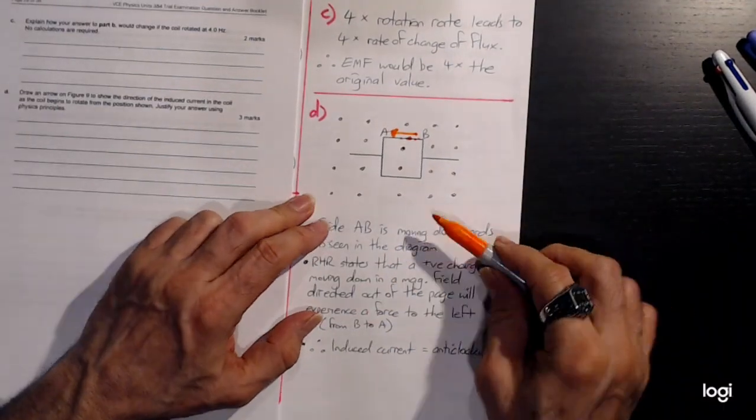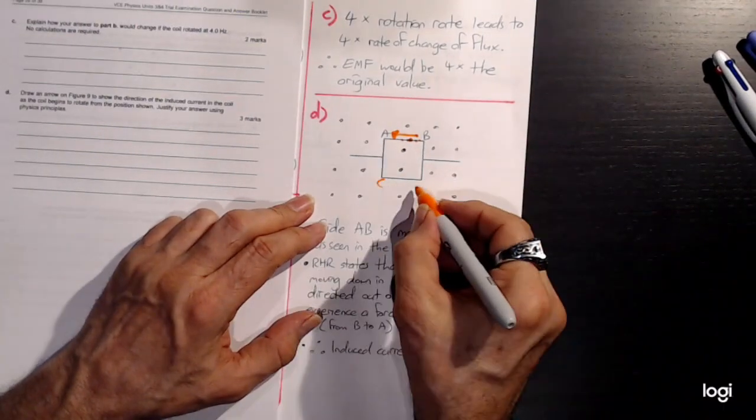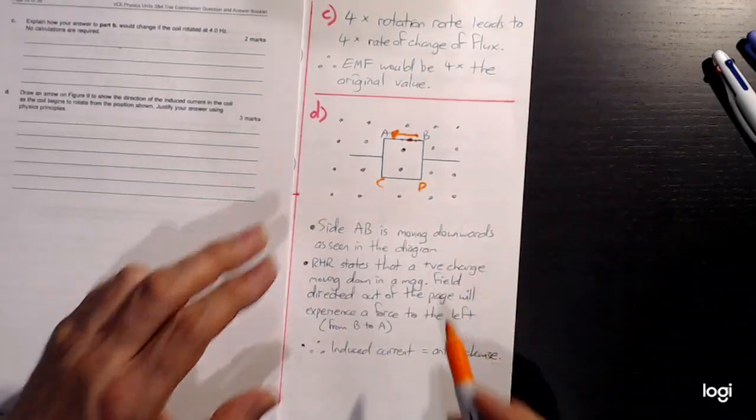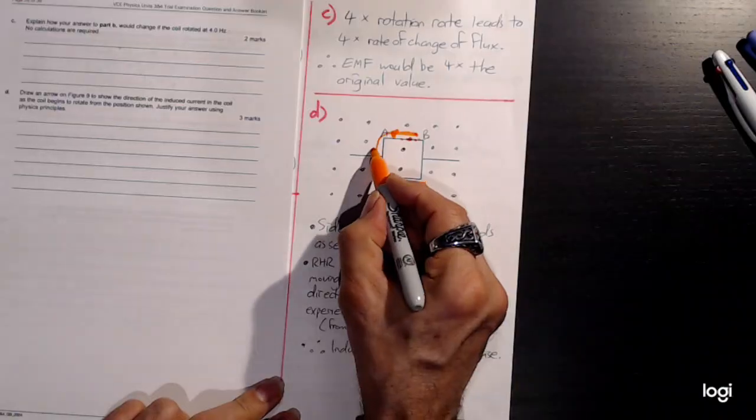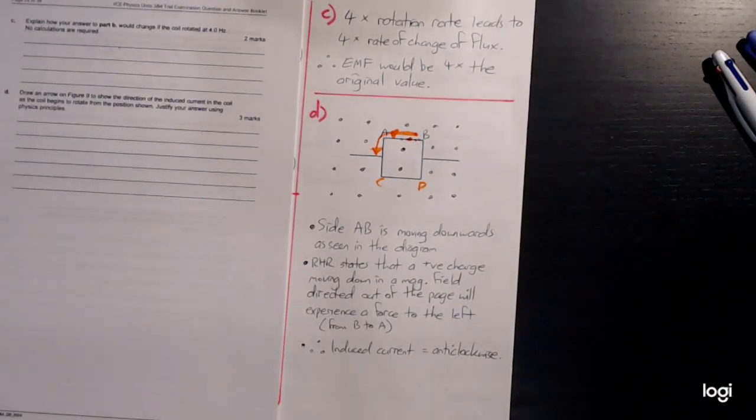For CD, it would be going the other way, but I think you've made the point by the time you've said that much. You just have to say then that'll make a current going anti-clockwise. That's fine.